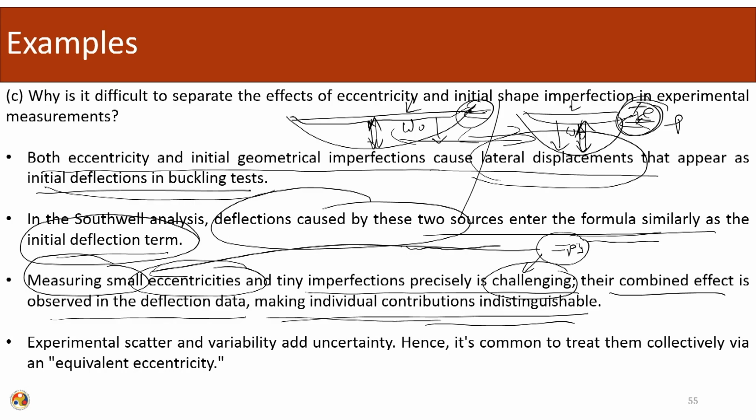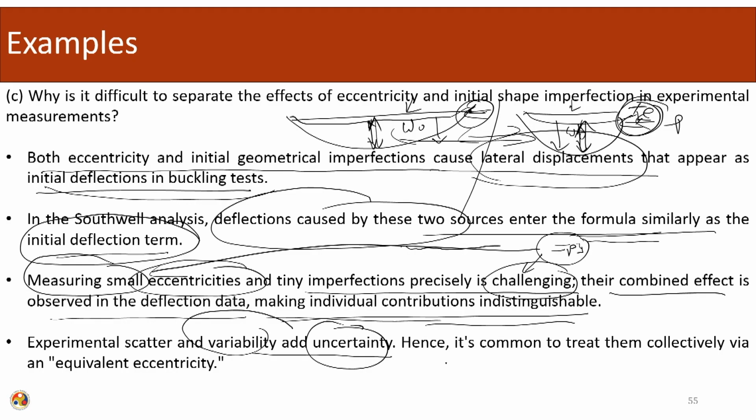Also, experimental scatter and variability add uncertainty. When we are doing an experiment, we should know that there is variability and uncertainty due to a lot of effects: the boundary conditions, the material uncertainty, measurement error, and human error. So, there is a lot of variability and uncertainty in the experiment itself, and this adds to the complexity of measurement.